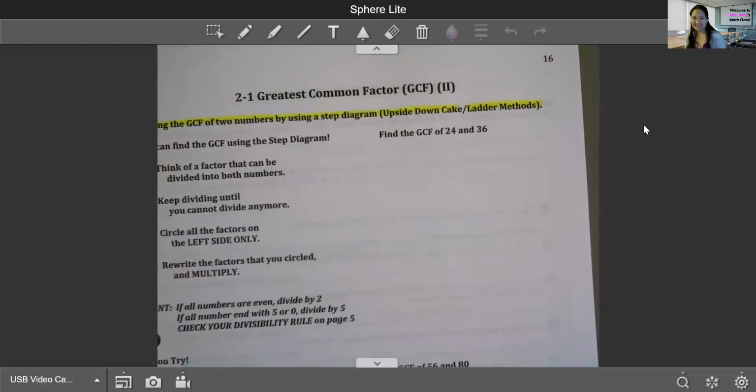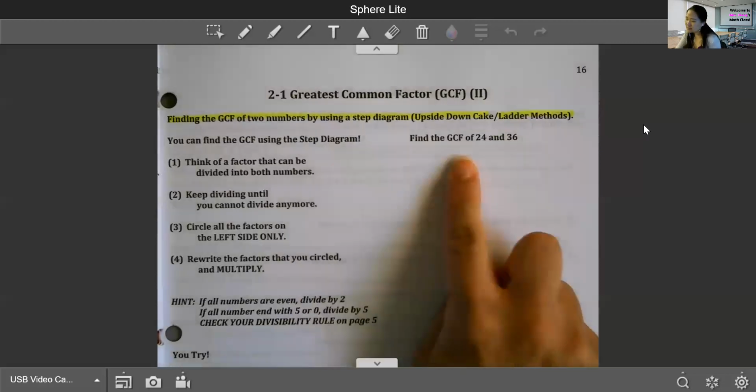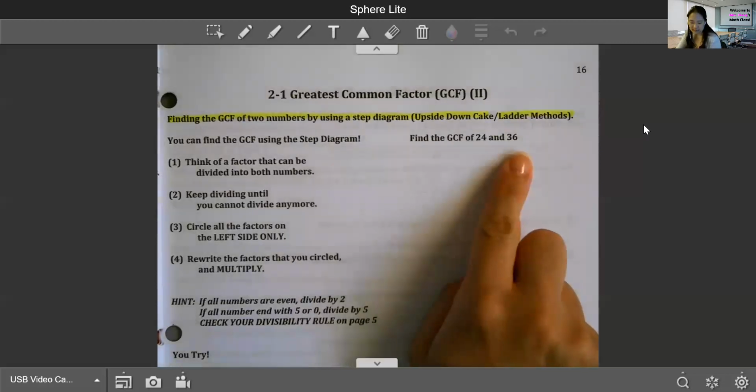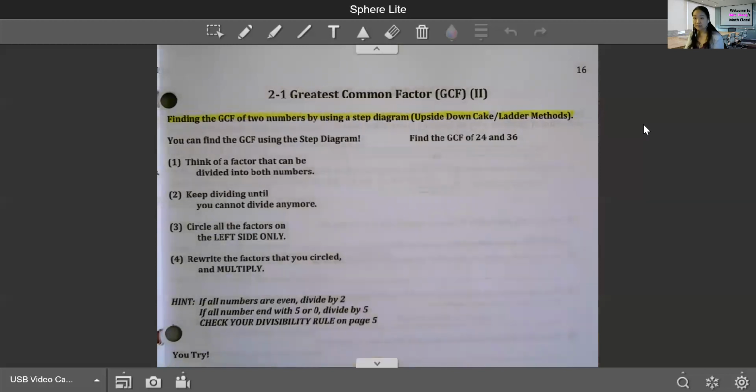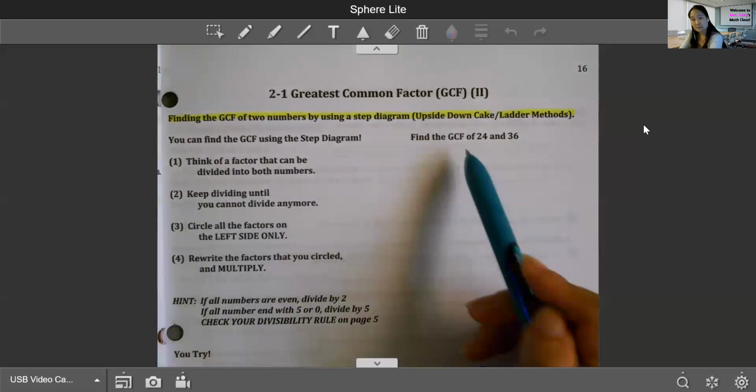All right, so find the greatest common factor of 24 and 36. It's the same problem from the previous one, the one about the roses and tulips. It's the same numbers, okay? All right, so this is what you need to do. You're going to think of a common factor that can be divided into both of these numbers.